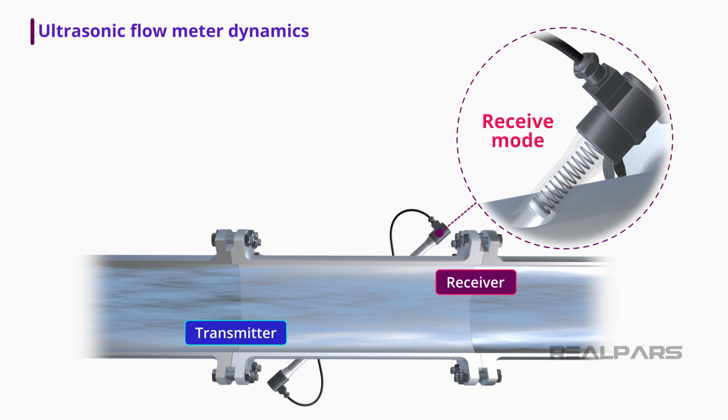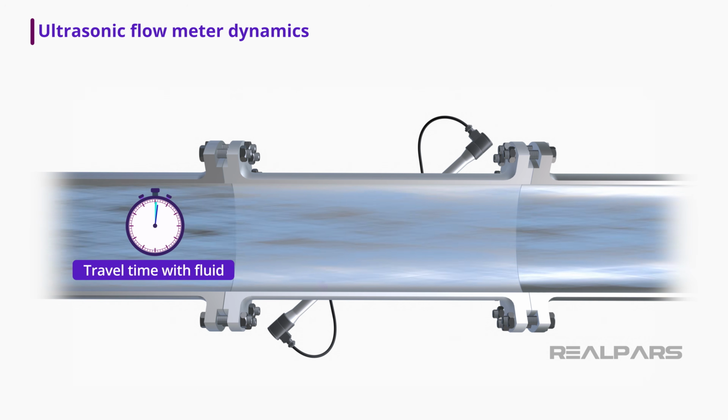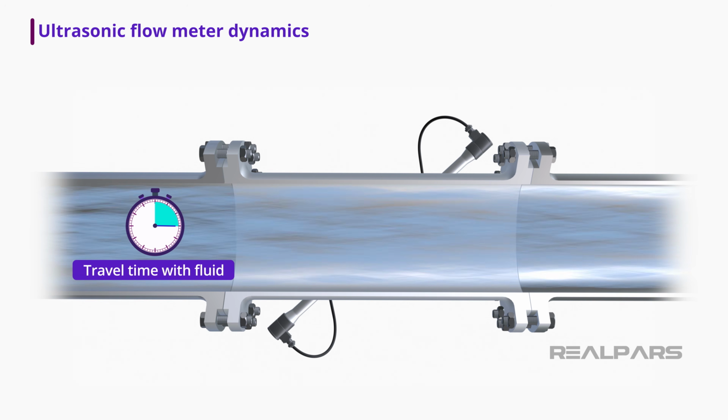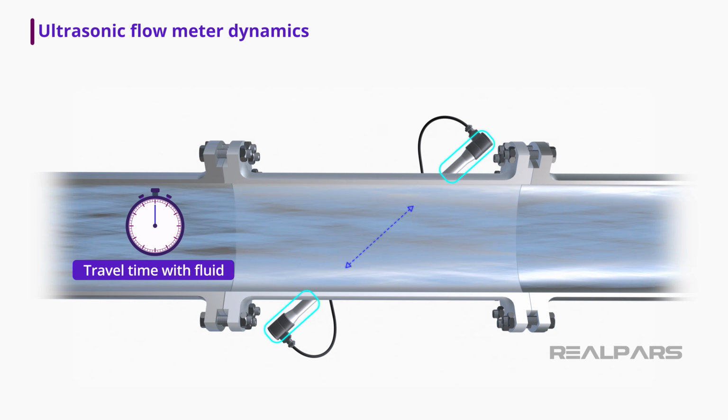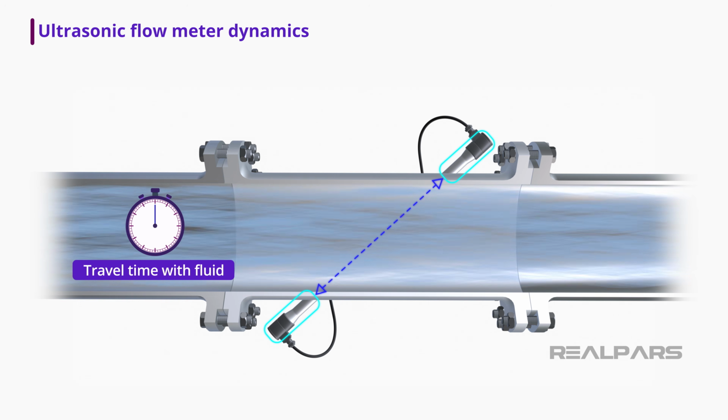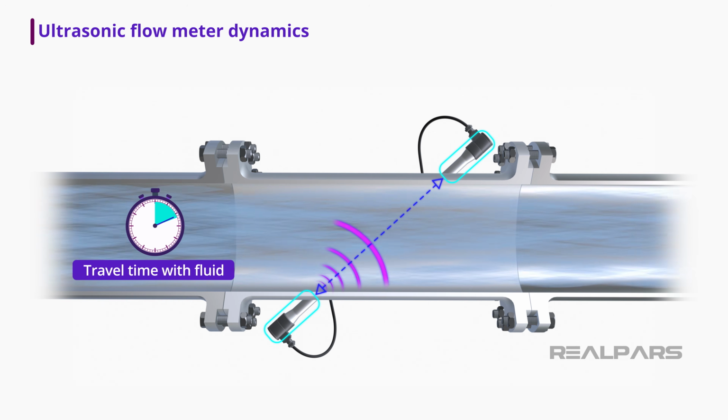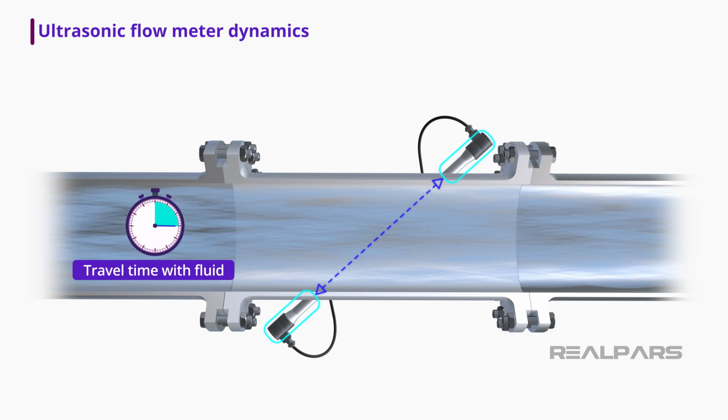When in receive mode, an ultrasonic wave passing through the fluid creates vibration in the piezoelectric crystal, and an electrical impulse is generated. The time it takes for the ultrasonic wave to pass from the transmitting element to the receiving element depends on several factors. If the two elements are placed at slightly different locations along the pipe, then the fluid velocity will affect the time it takes for the signal to reach the receiving element.